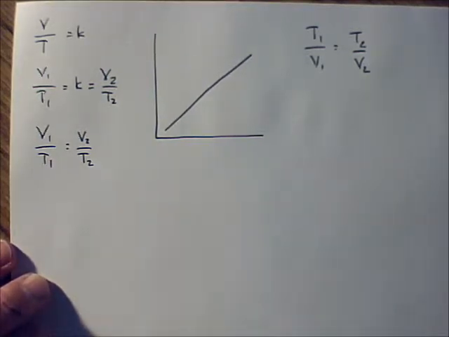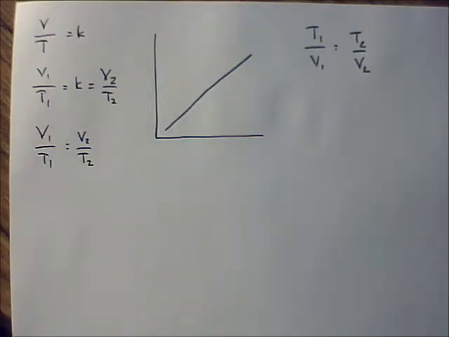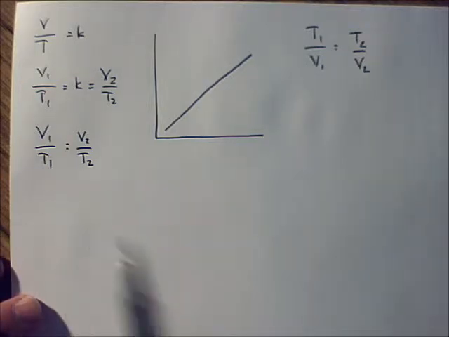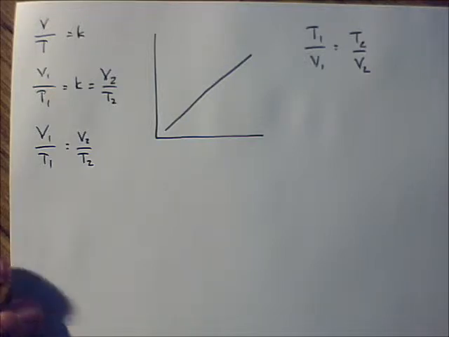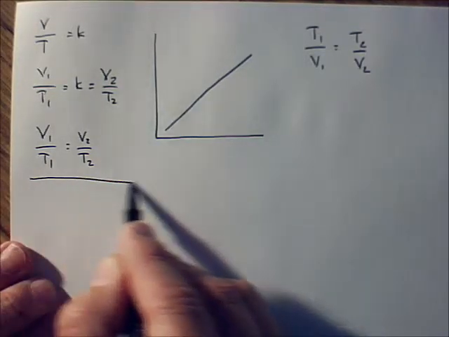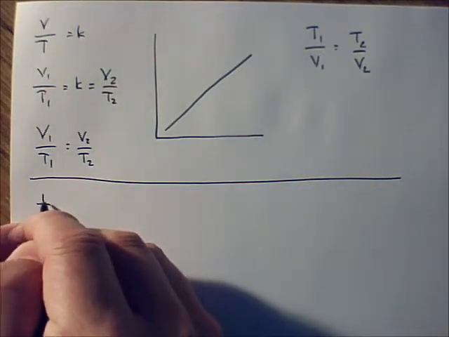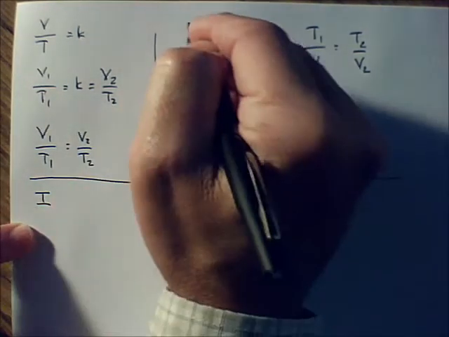You cannot have it on the bottom of a fraction and solve it directly. You can do a bunch of manipulation and solve it, but you've got to eventually get that unknown on the top of a fraction before you can actually solve for the value you need. Any questions so far? All righty then. That was Charles' law.